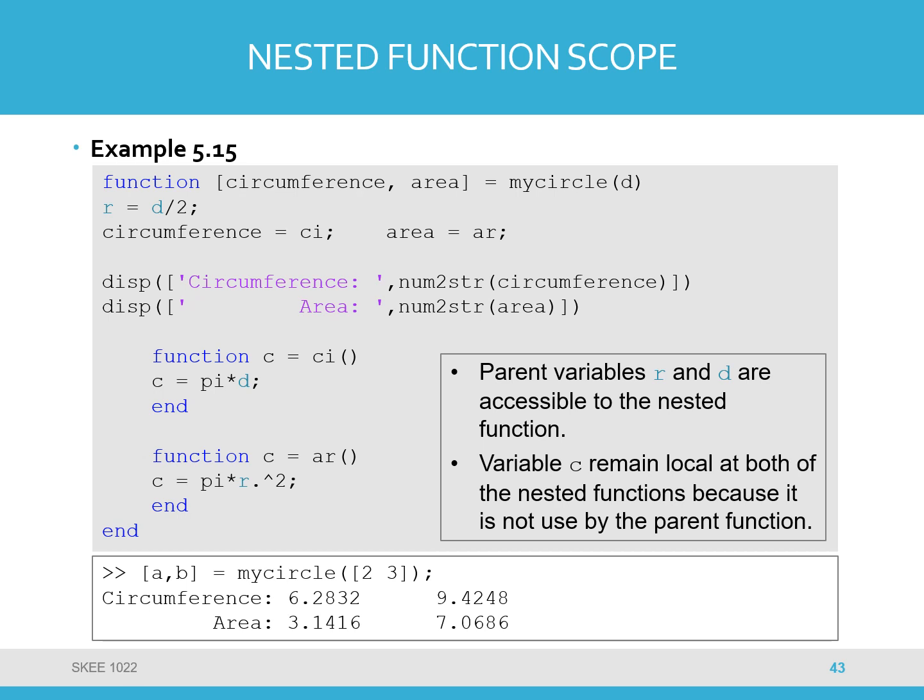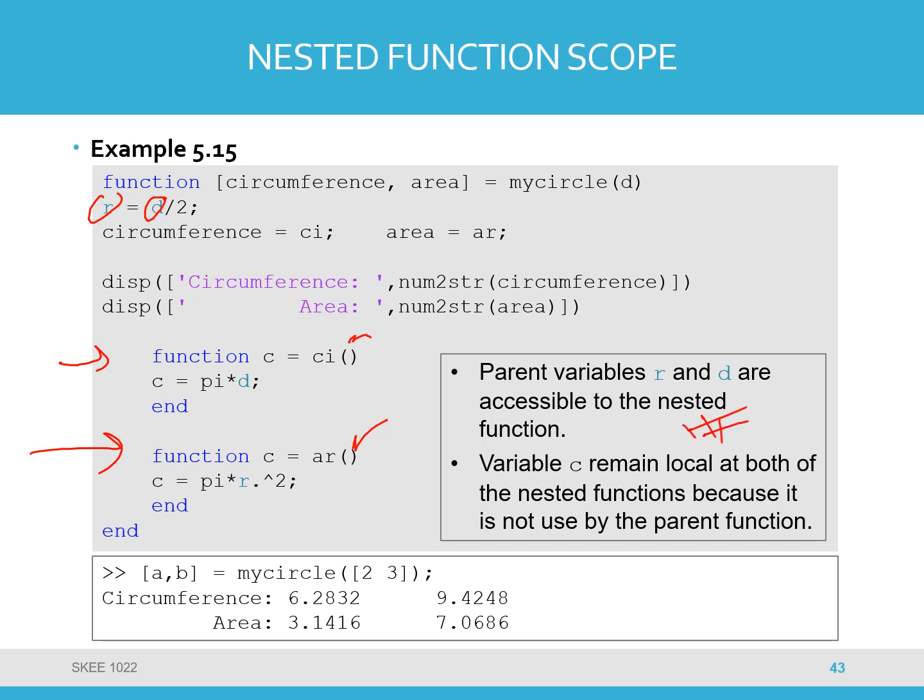Nested function is a little bit tricky. Remember that I said when you call the function here, the R and D are accessible to both of these nested functions. That is the advantage of using nested functions. You don't have to put the input. That is explained by this one.